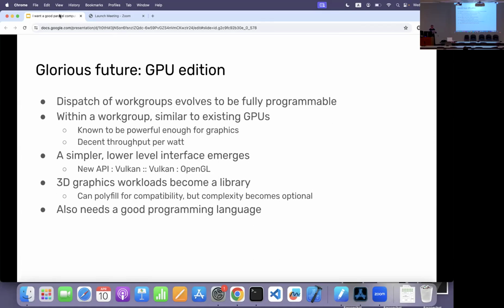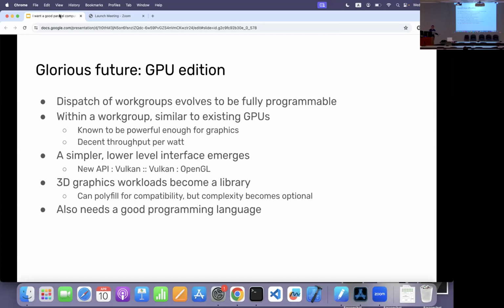So ideally, you say, here's a program, here's a parallel computer, and I'm going to write Vulkan as a library. I'm just going to call into it, dispatch render pass with color attachments. That way the library can deal with all the compatibility problems. But if you don't want that complexity, then program directly to it.